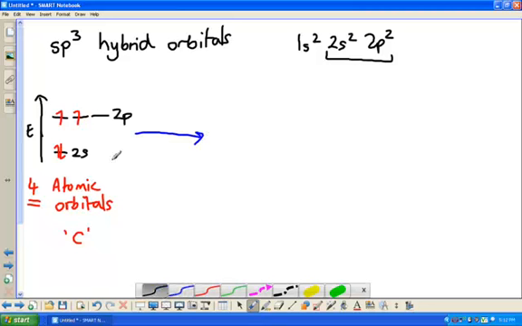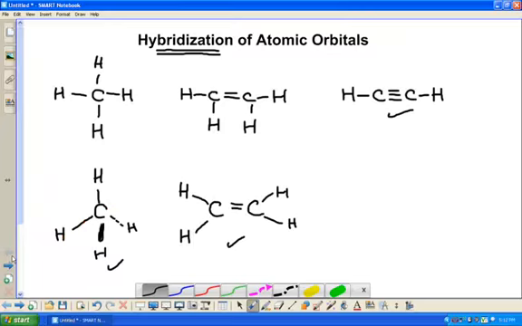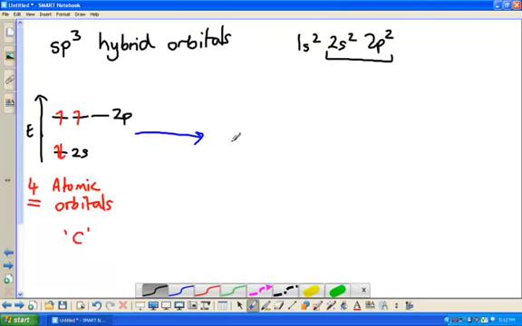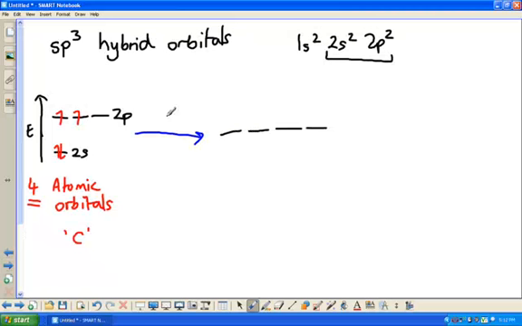So there is something that's happening between these atomic orbitals, and they're doing something to come out with something else that allows for these 4 bonds to be equidistant from each other. More than likely what it's somehow given us are 4 orbitals that are all the same. And that's exactly what is happening. These atomic orbitals undergo a process called hybridization, just represented by the letter H here.